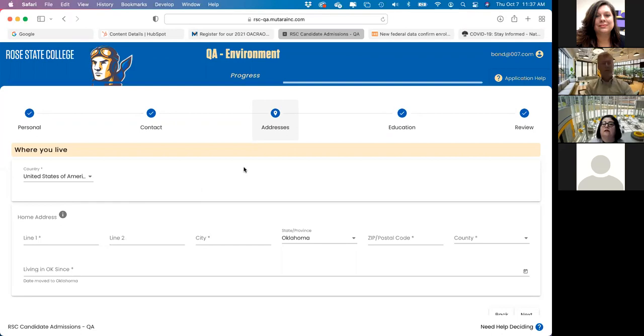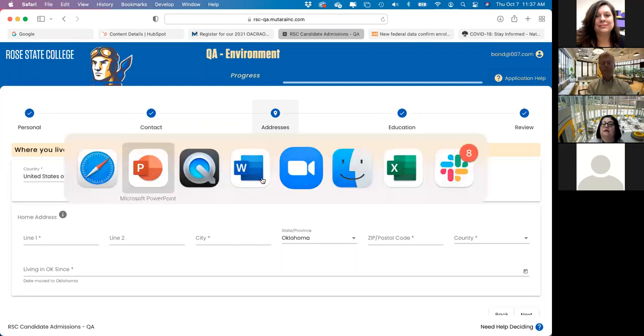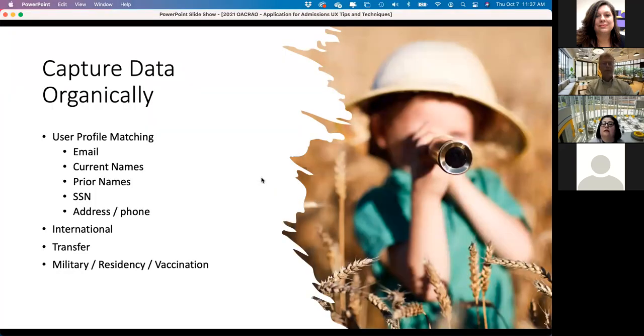So anyway, that's where we're gathering this stuff organically. Another example is the residency piece. I highlighted that earlier, but the idea is that when you calculate residency, there's really two rules in place here.